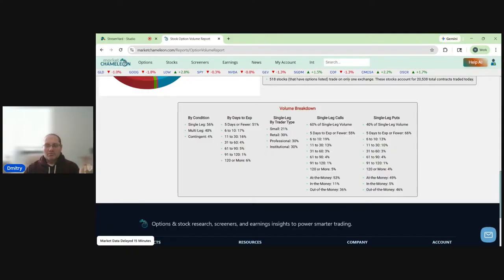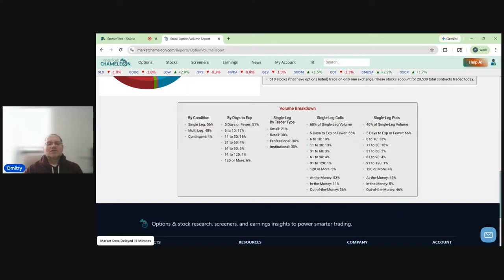So you could see that over half of the volume is concentrated on those short dated options, expiring within the next 5 days, which are options that have larger gamma and theta, lower vega.